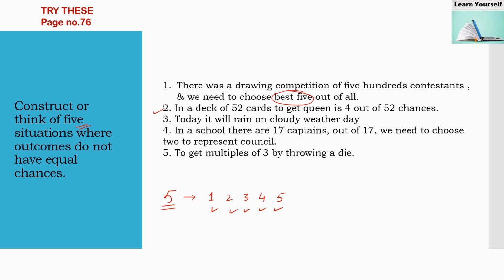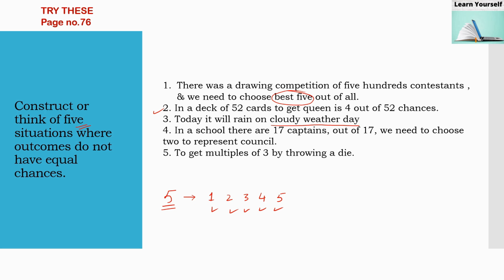So it's not an equal chance. Third: today it will rain on a cloudy weather day. Because the weather is cloudy, the percentage of rain will be much higher compared to dry weather. So the chances are not equal, or it is not 50-50%. It must be more.